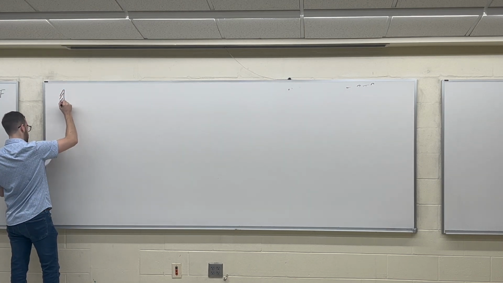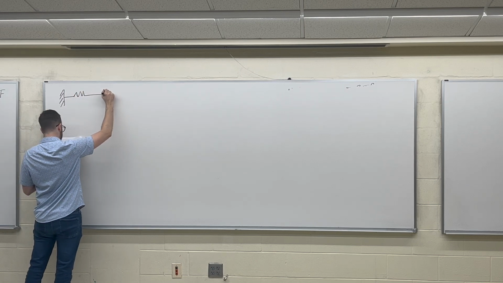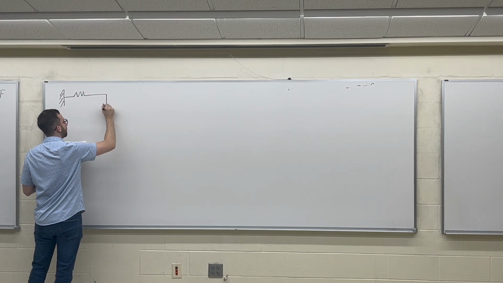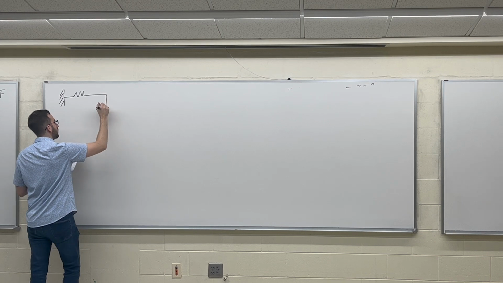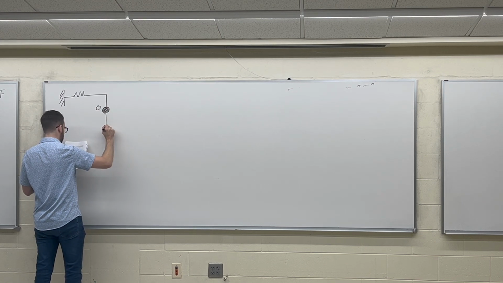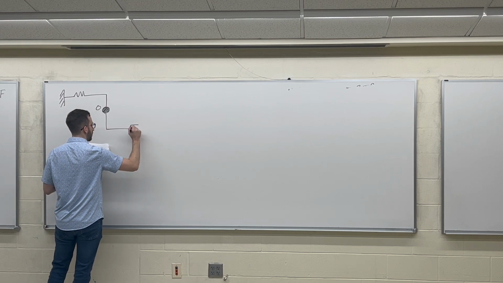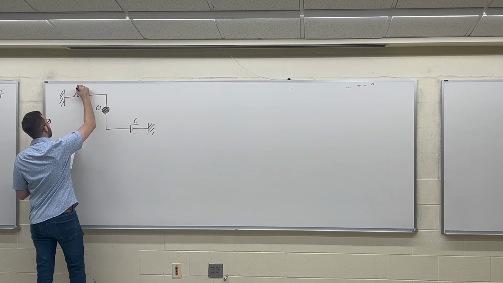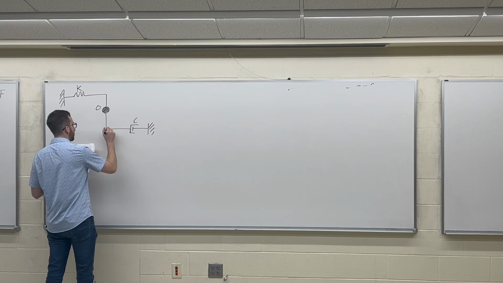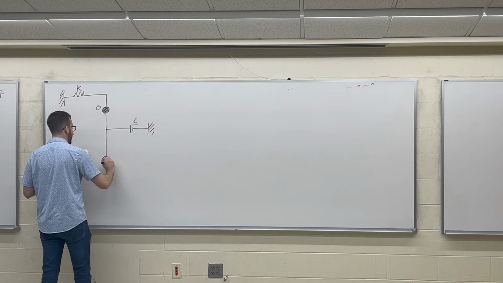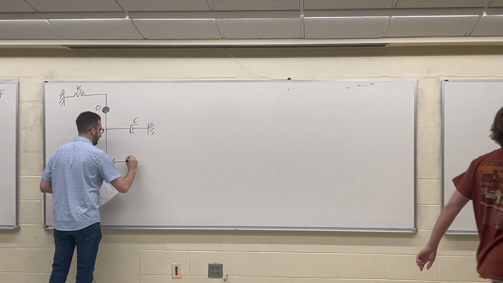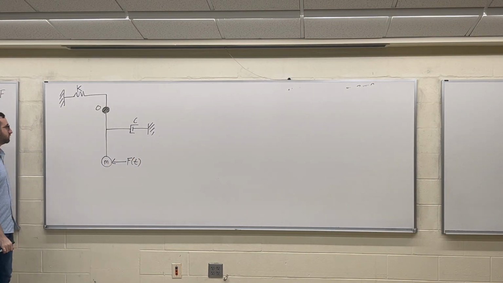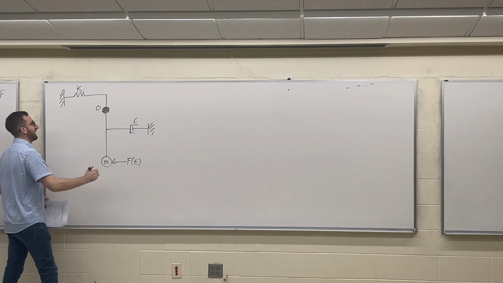So let me go ahead and draw this on the board. So here's our pivot point. This is O. This is K. Here's our point mass M. And there's a force that is acting across F of T. And they give us some lengths.